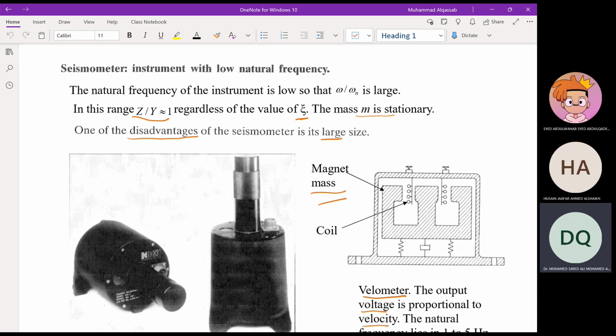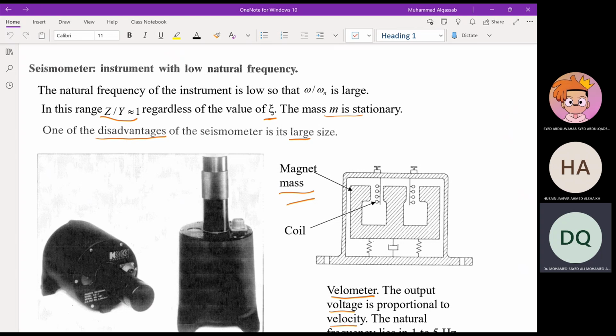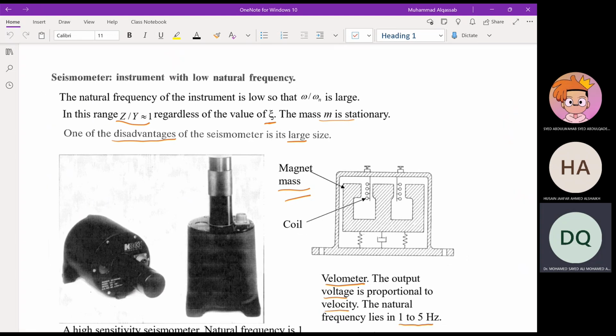So the output of the seismometer is Z, but it is used to measure Y, and in this range, Y is almost equal to Z. So the error factor is if the Z over Y value deviates from 1, then that will be the error. If Z over Y is exactly equal to 1, then the error is 0.